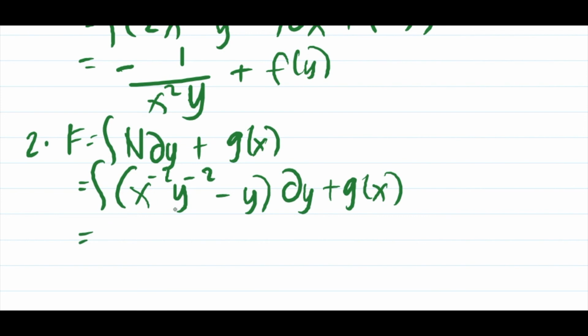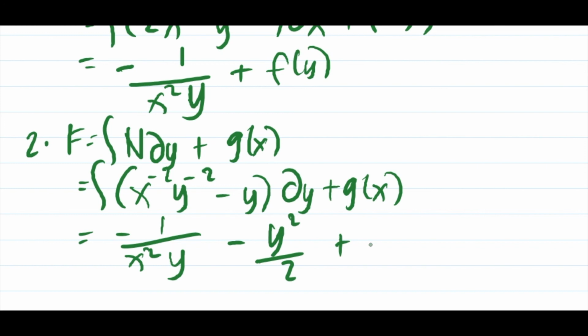The integral of x raised to negative 2 y raised to negative 2 is negative 1 divided by x squared y, minus the integral of y partial y, which is y squared divided by 2, plus g of x.